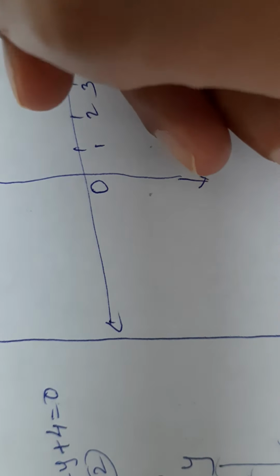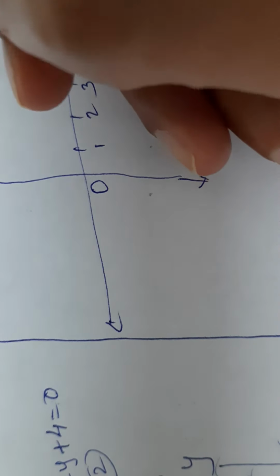So plot the points, join them, and find out the point of intersection of two lines.